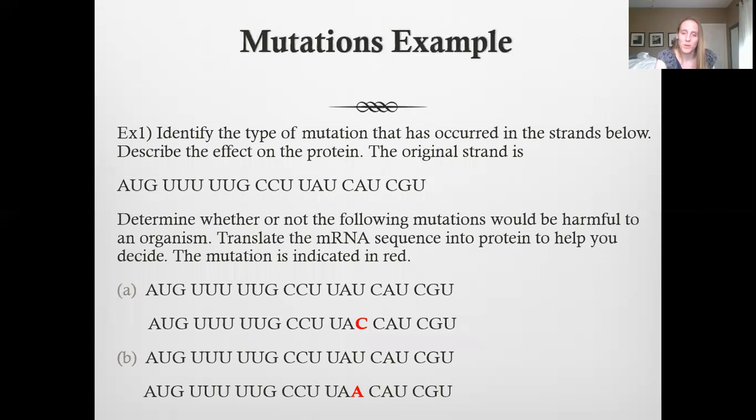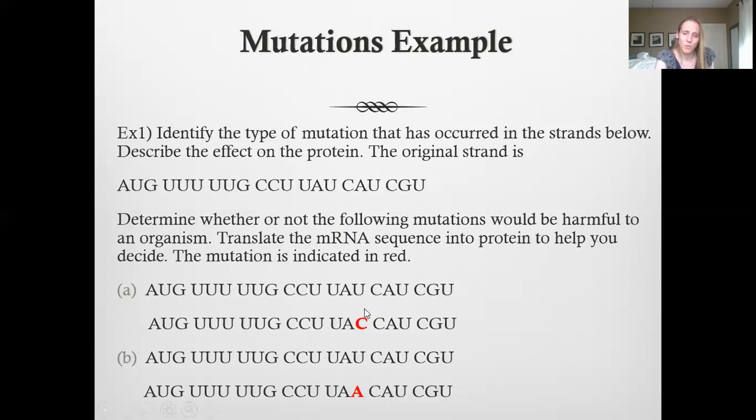So I would, if I were you, just practice going through these. Right now these are mRNA sequences, so you can practice using your mRNA codon chart to see what the amino acids would be in these cases.